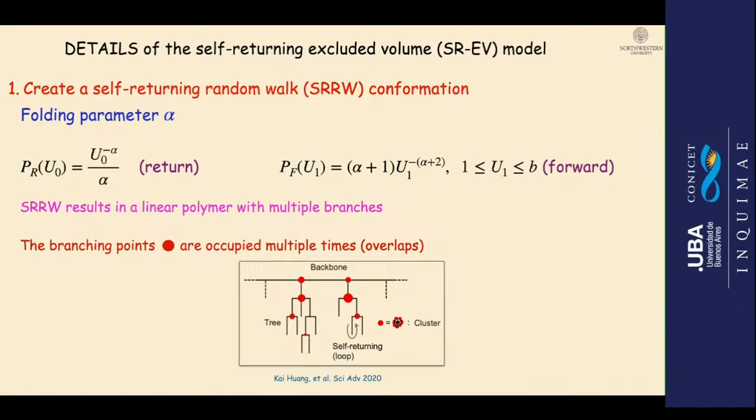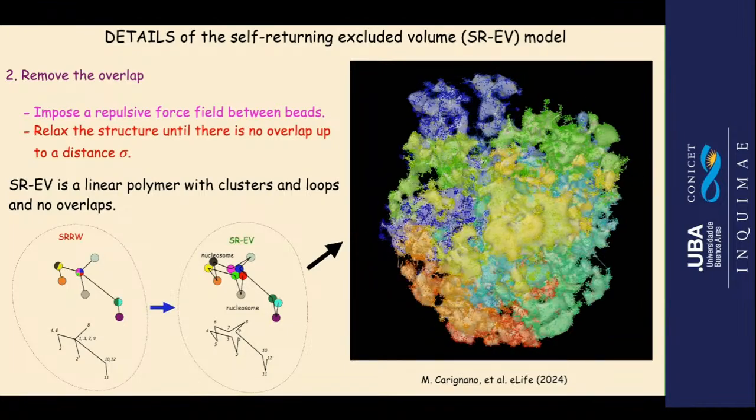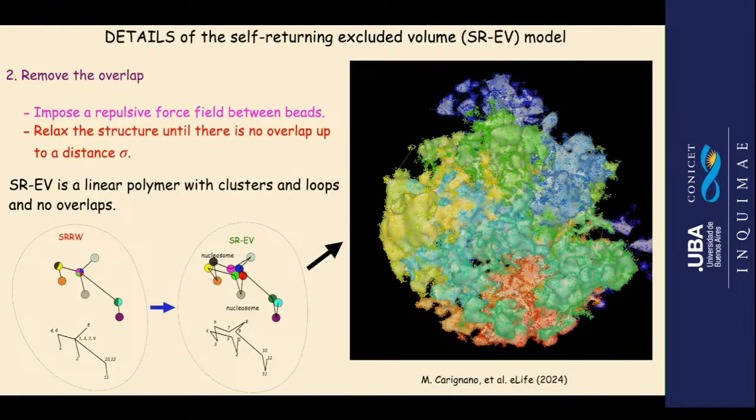The SRW has two problems: it has no excluded volume, and it is not a linear chain. We remove these problems in the SR excluded volume model.